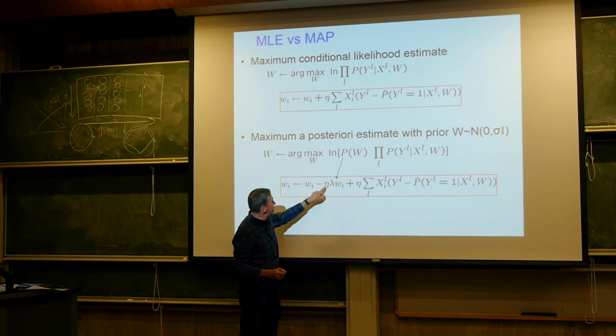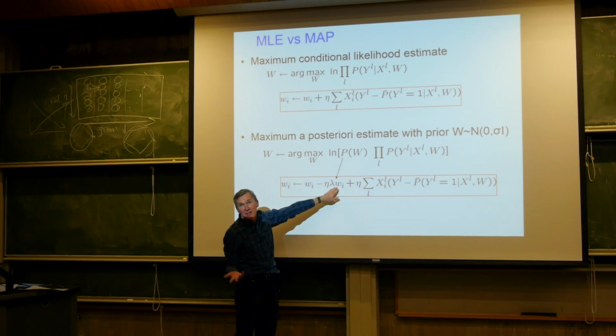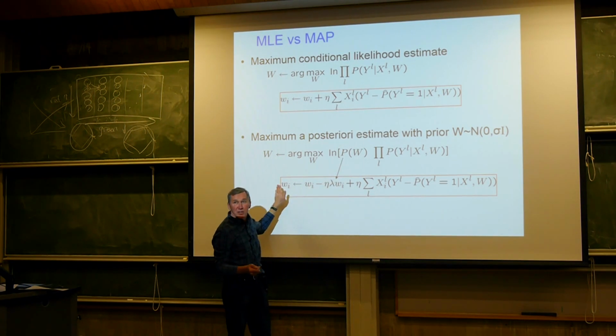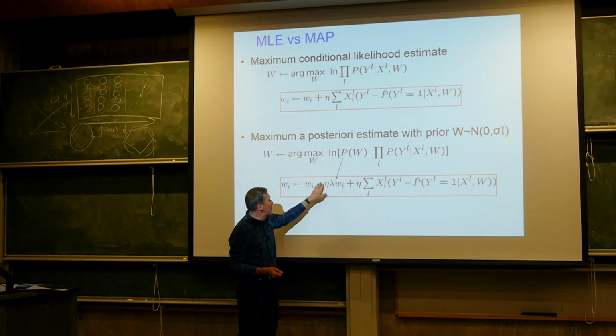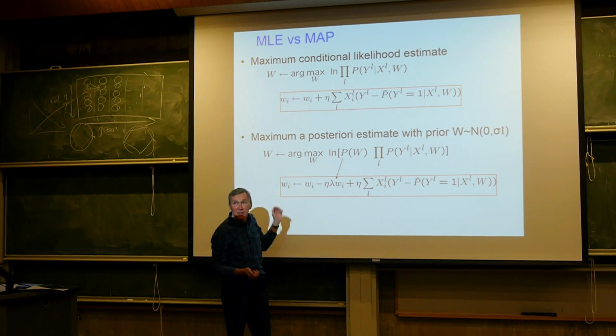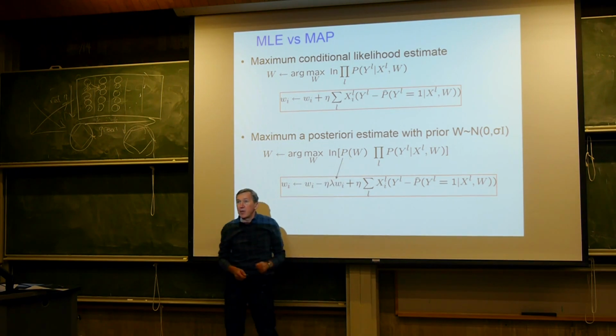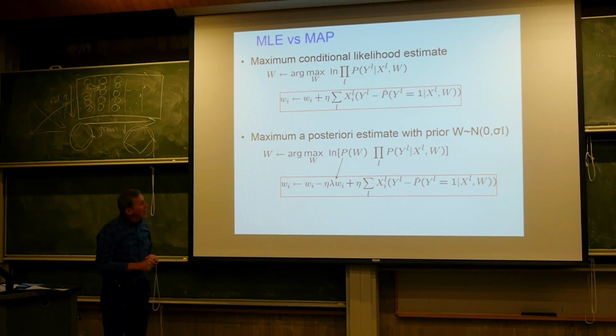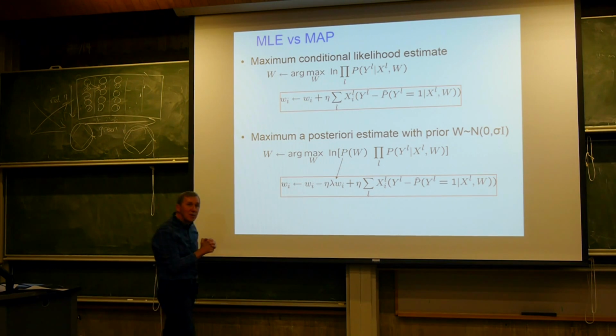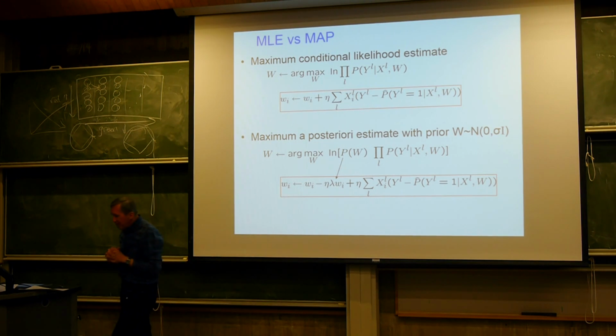But this new term is just a simple term that pushes the weight wi towards 0. If we make these constants positive, then if wi is positive, we're going to subtract some fraction of wi from its old value, push it towards 0. If wi is negative, we're going to add something to it to push it towards 0. We're pushing it toward the mean of this prior that we put on it. Okay, so that's a quick review of last time.